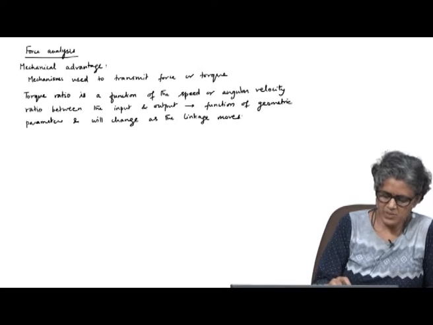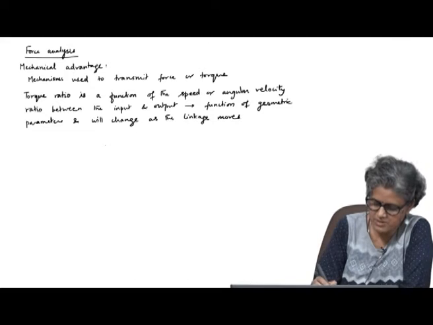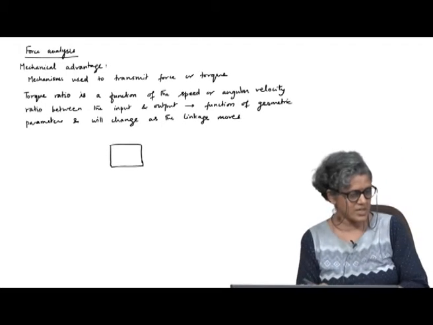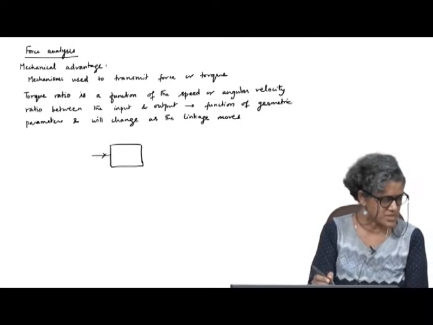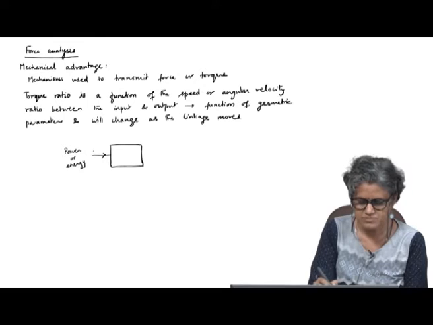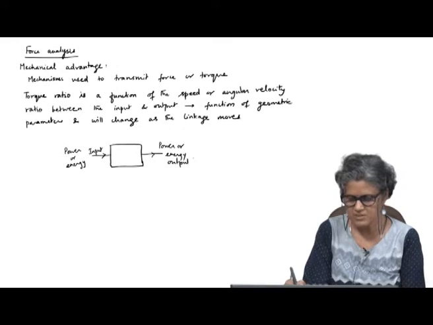So, typically we look at it in terms of work or power. If this is your linkage black box, you have some power or energy input and some corresponding power or energy output that you are interested in.